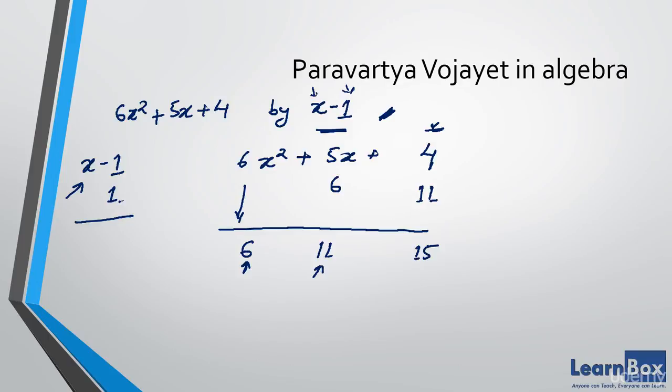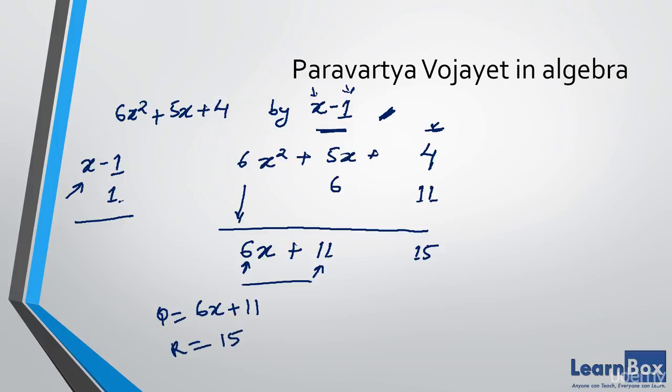Now what is important is that since a second degree expression which is having x square is divided by a first degree expression x, the quotient will be a first degree expression. That is, this will be 6x plus 11 and this will be 15. So the quotient is equal to 6x plus 11 and the remainder is equal to 15.